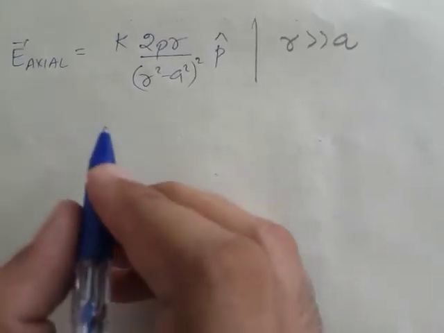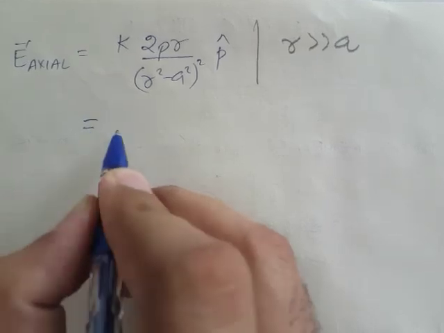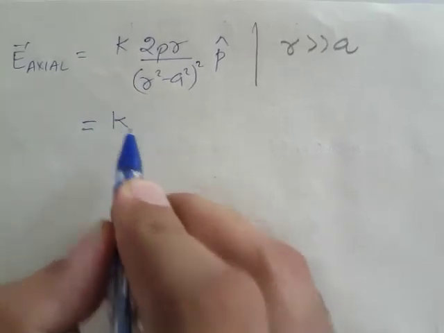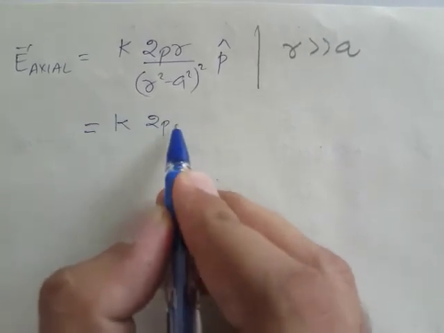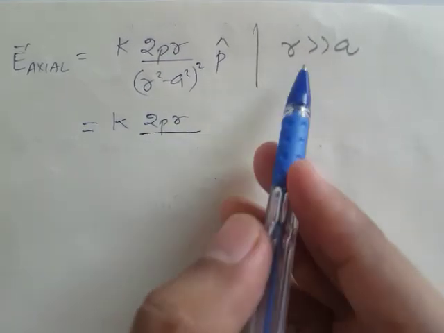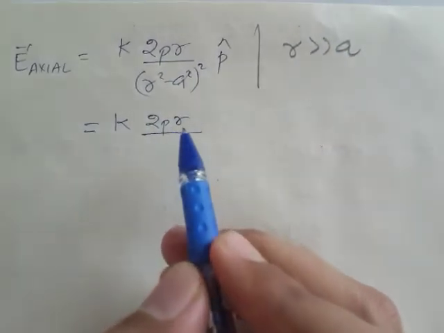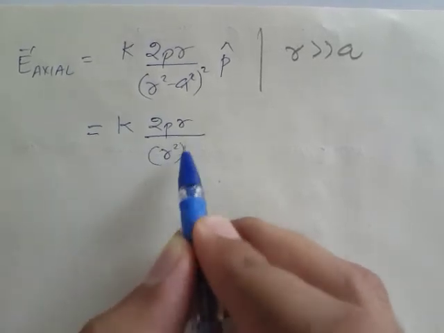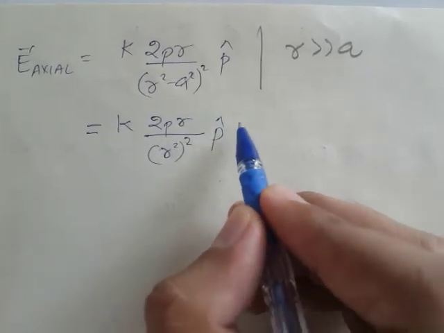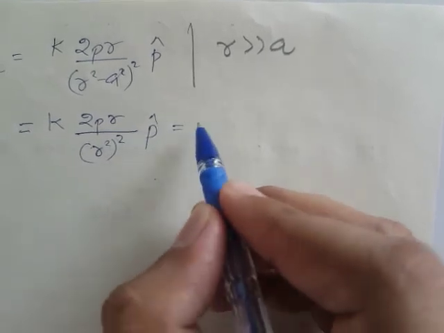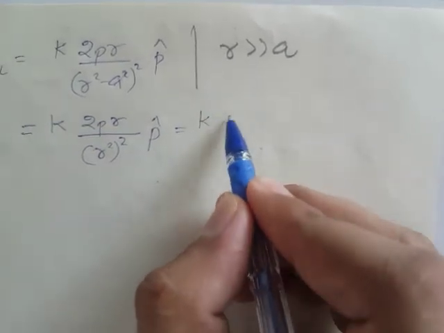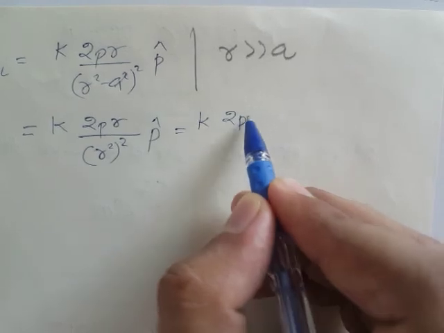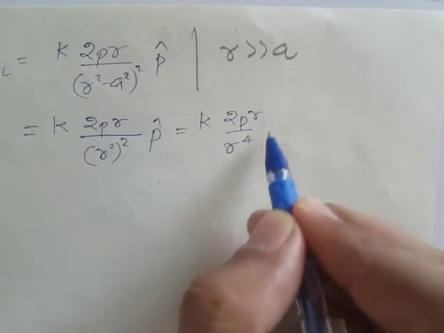Now we will neglect this, and we get k 2p r, neglecting this part, r square whole square, and p is a unit vector in the direction of p, so k 2p r upon r raised to power 4.